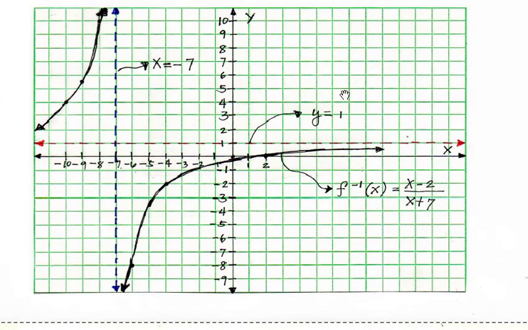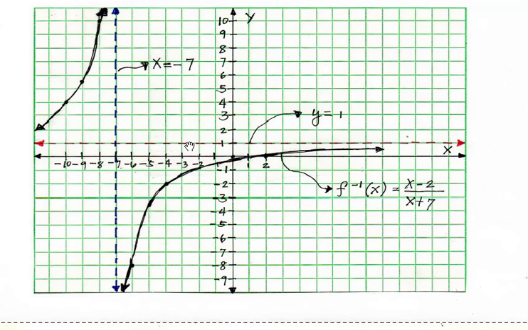In this graph, I only included the graph of f inverse of x because that is what is asked of us to do: give the table of values and then graph the given function. In this case, these two graphs are the graphs of the given function. We have to reflect the vertical asymptote x equals negative 7. The blue broken line represents the vertical asymptote.